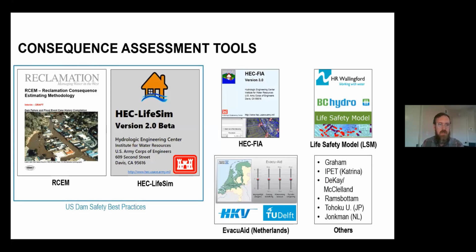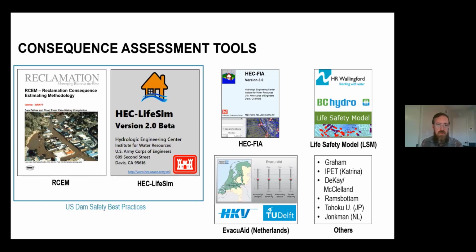The first is RSIM, which is a desktop methodology developed by the Bureau of Reclamation, and it's a little more simplified for easier, less complex scenarios with less consideration for evacuation in general. HEC-LifeSim is, as Krey mentioned, an agent-based software where it tracks the movement of every person through the progression of the flood and evacuation. There are other ones available too.